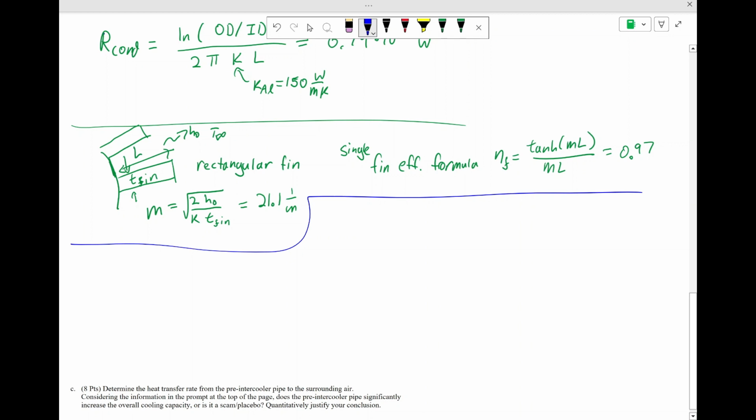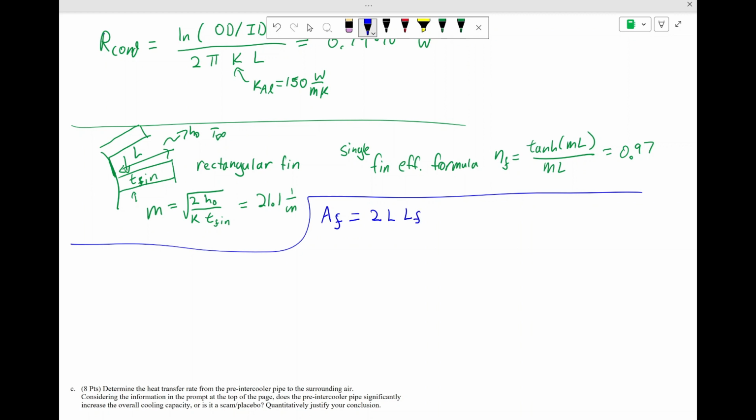So first of all, we could say for each fin, so each individual fin, the area is going to be equal to 2 times the length of the pipe in the flow direction times the length of each individual fin.